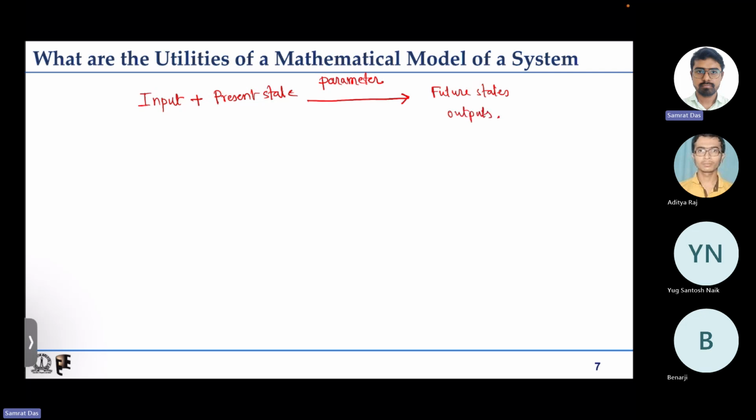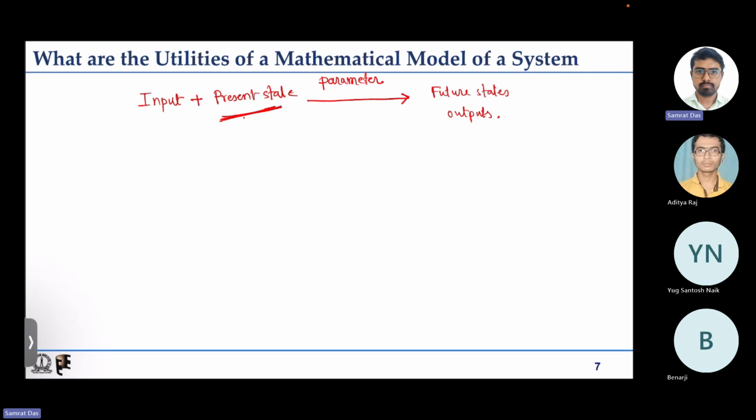This, in broad terms, is what is described by the differential equation or the mathematical model of the system. Is the input the future input or the present? Yes, the input is obviously the future input. The present state takes care of all input from the past to the present.